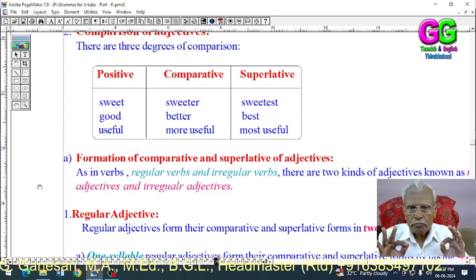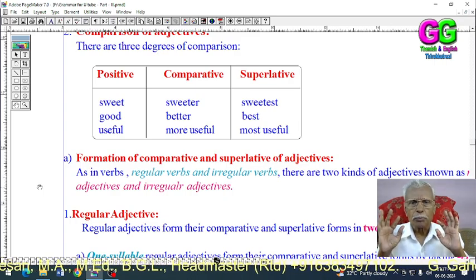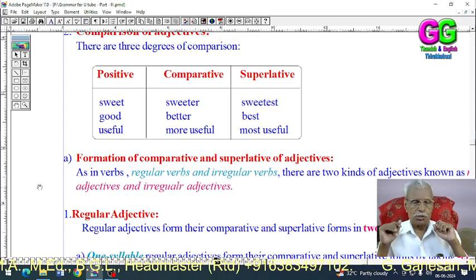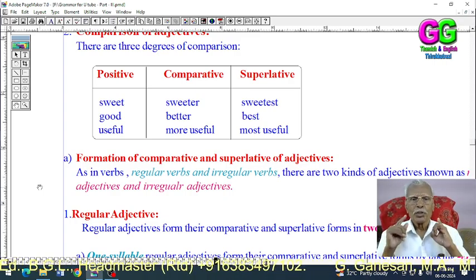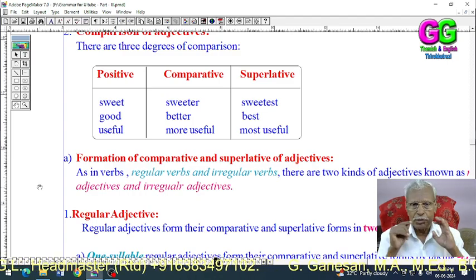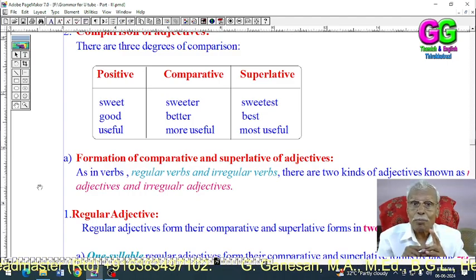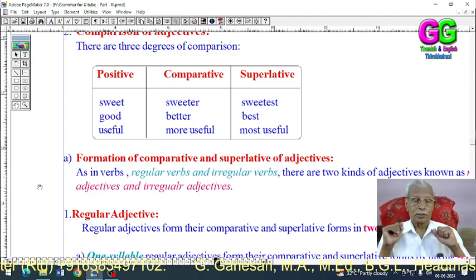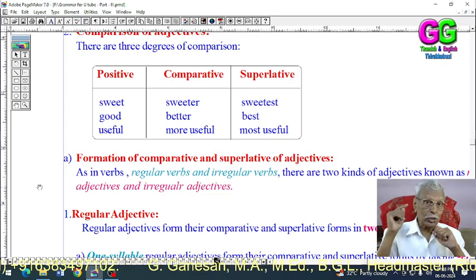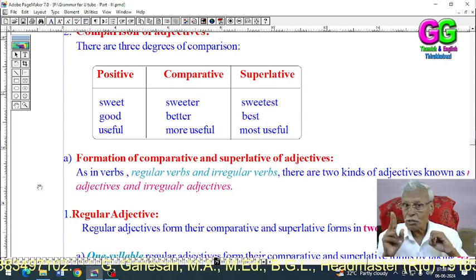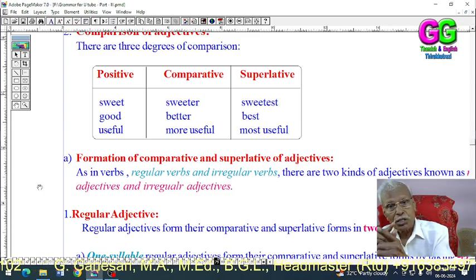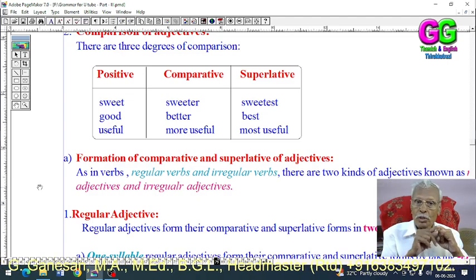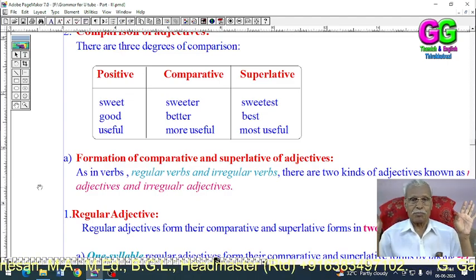For adjectives, there are 2 kinds of adjectives in English. As we saw in verbs, there are 2 kinds of verbs in formation of tenses: regular verbs and irregular verbs.